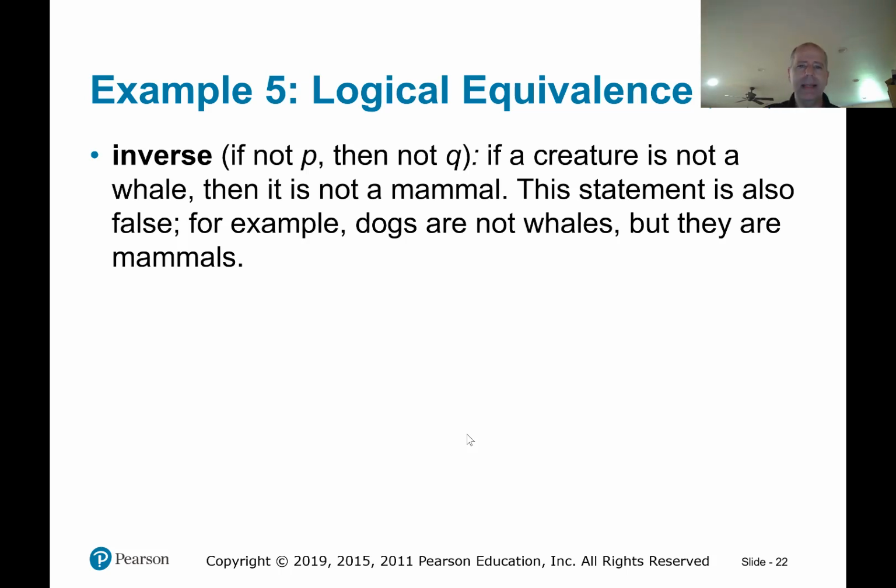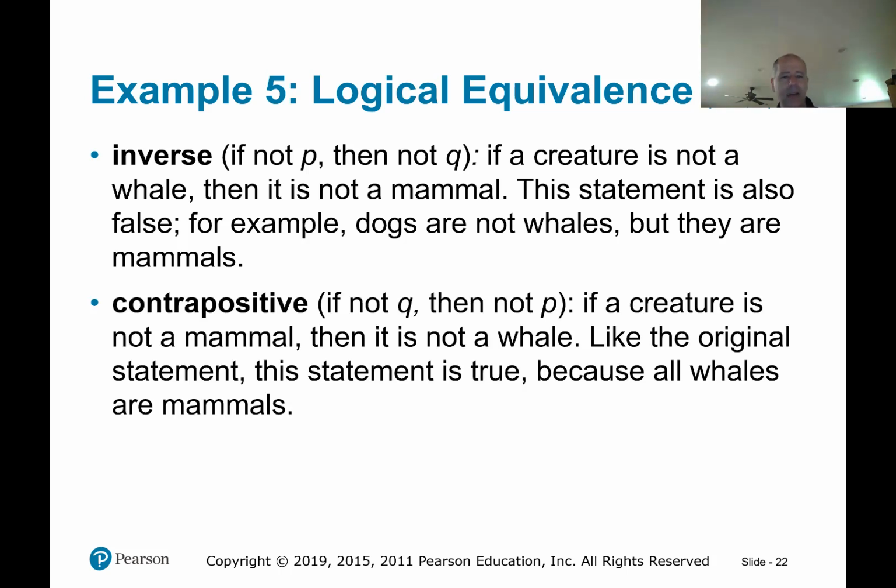So that would be, if a creature is not a whale, then it is not a mammal. And that statement is also false, because again, we can come up with counterexamples that show that that's not always the case, right? Dogs are not whales, but they are indeed mammals. There's your counterexample that shows that that is a false statement.